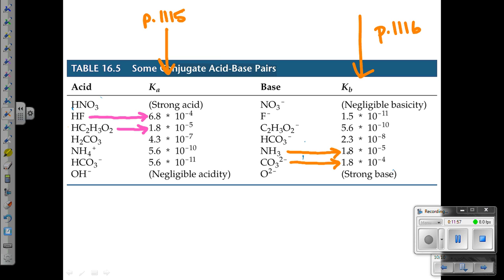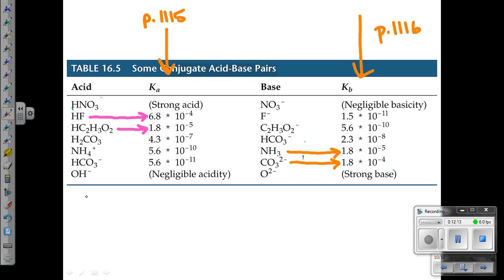Now, there is a relationship between an acid and its conjugate base, or a base and its conjugate acid.